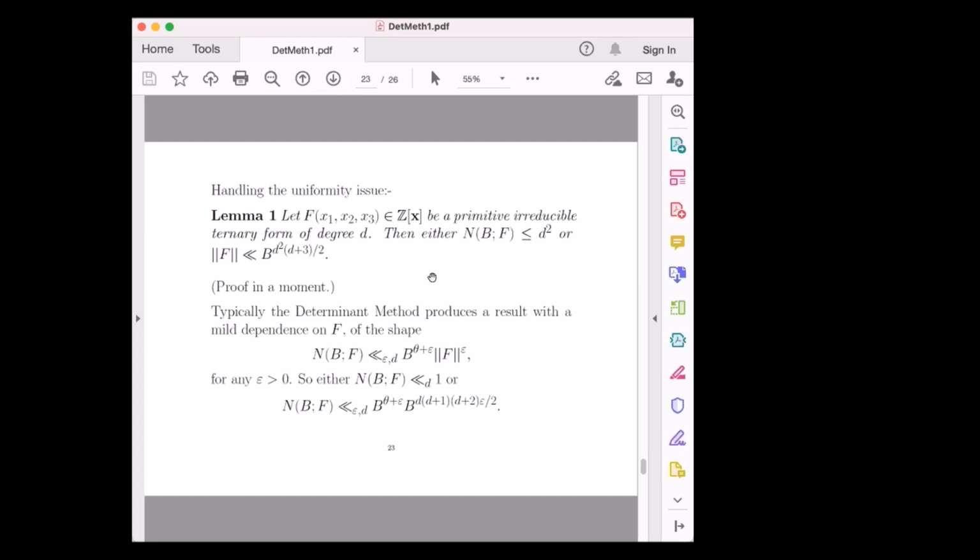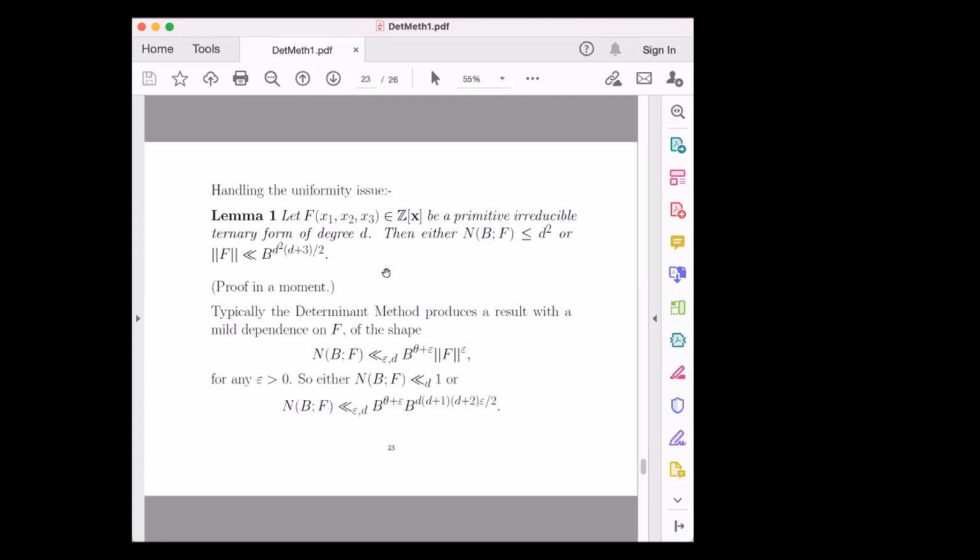So let me explain how this uniformity issue is handled. Let's look at the case where we have a form in 3 variables of degree d. And I'm going to assume it's a primitive irreducible form. So primitive, remember, means that the coefficients of f don't have a common factor.